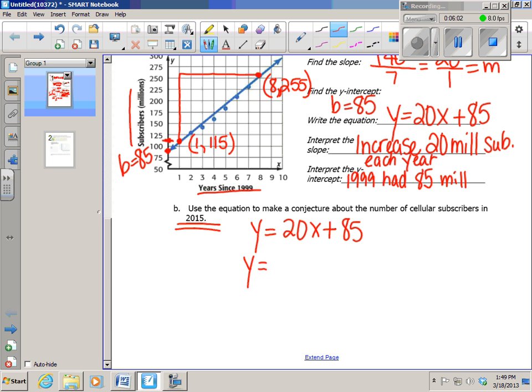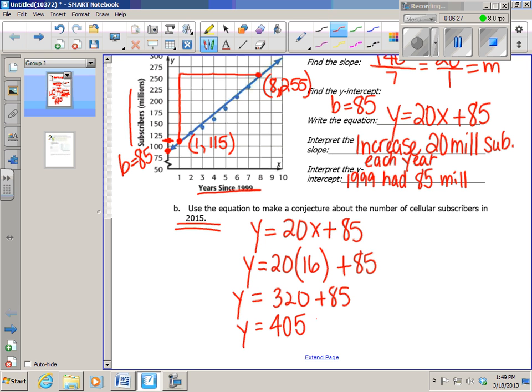That's our y value. And we're talking how many years since 1999? We're talking about 16. And let's just put this in: 20 times 16 is 320 plus 85 gives us 405 million subscribers.